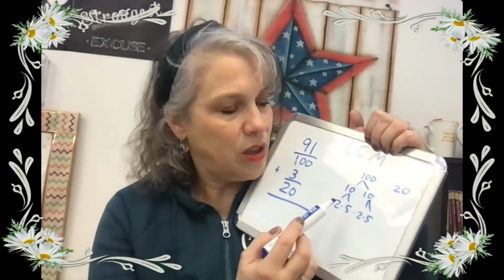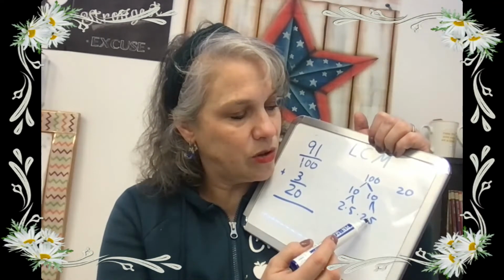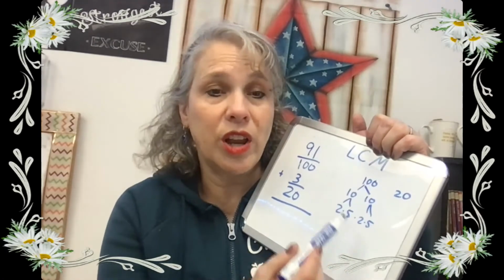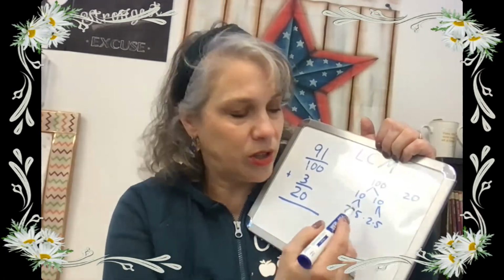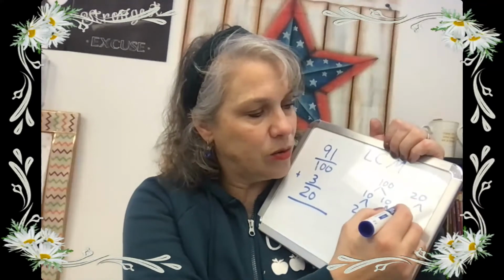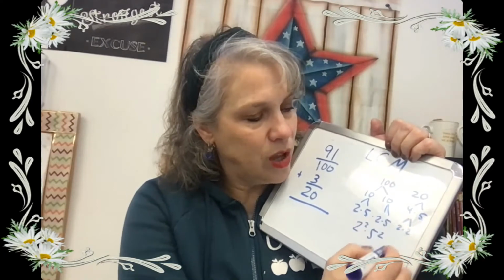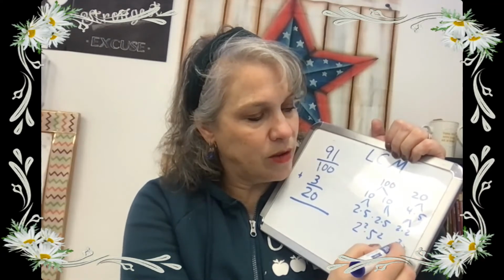So 10 times 10 is 100. So these are all the prime numbers that go into 100. Okay, and this one's going to be 4 times 5, 2 times 2. So this one is 2 squared times 5.